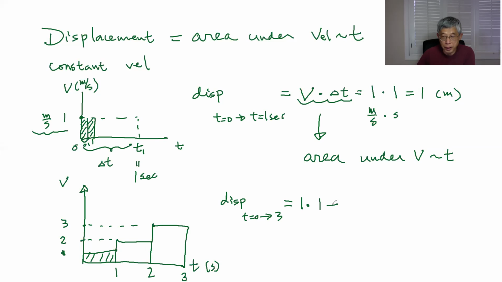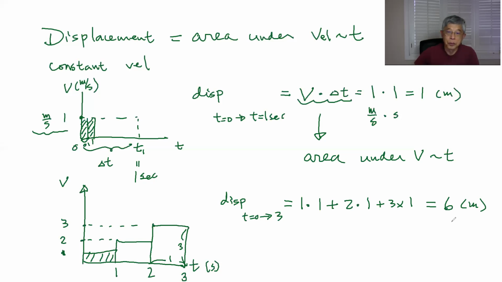And then the next one is going to be 3, so this level here is 3, and this here again is 1, so it's going to be 3 times 1. So that's 1, 2, 3, equal to 6, and it's going to be meter.